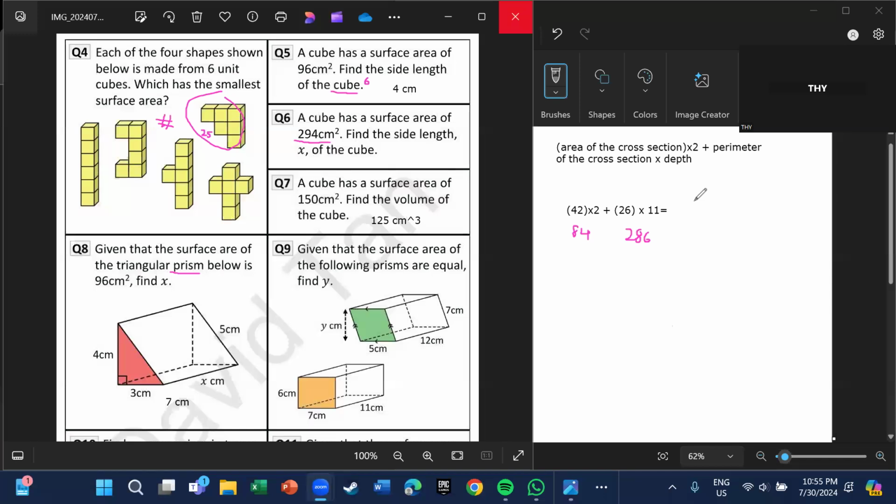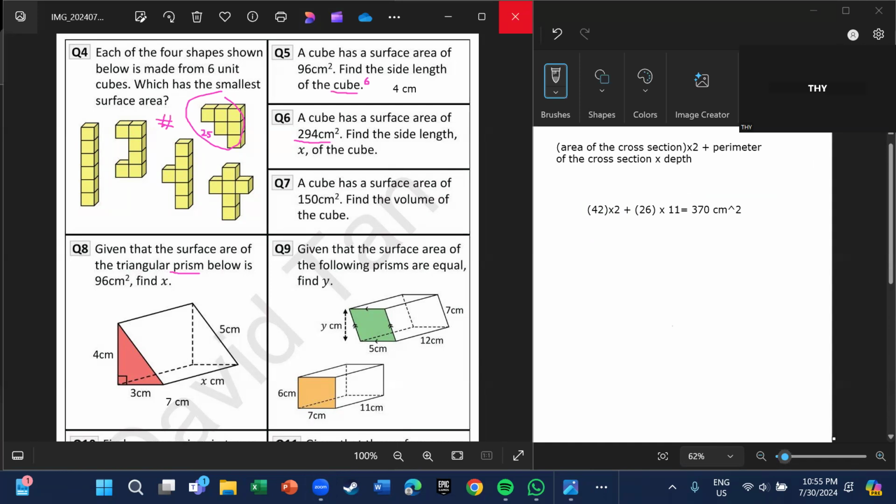Sorry, yeah, then this would give us 370 cm squared. Yep. They said that these two shapes are equal in terms of surface area, so that lessens our burden.